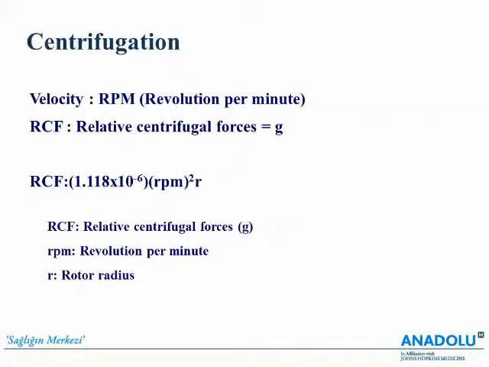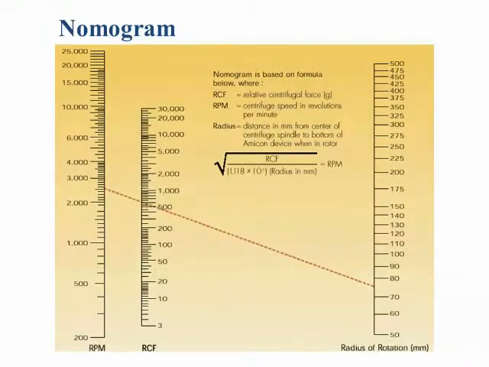We can do that using this equation, or more easily using a standard nomogram like this one. Say we have a rotor radius of 75 millimeters and an RPM of 2,500. We see that our G would be 500.